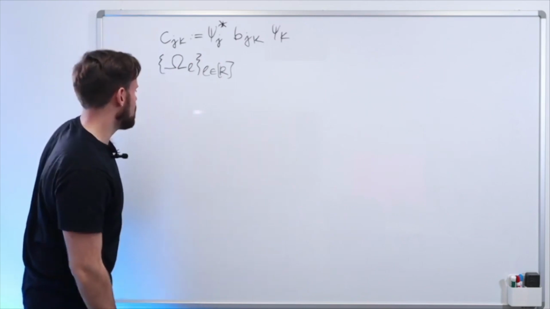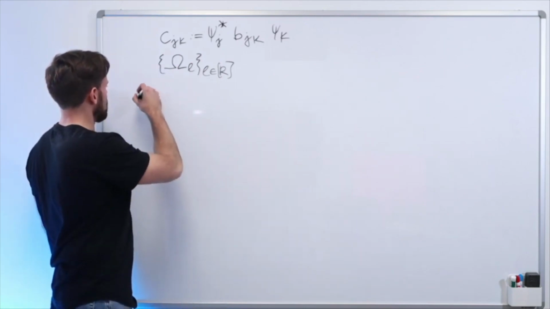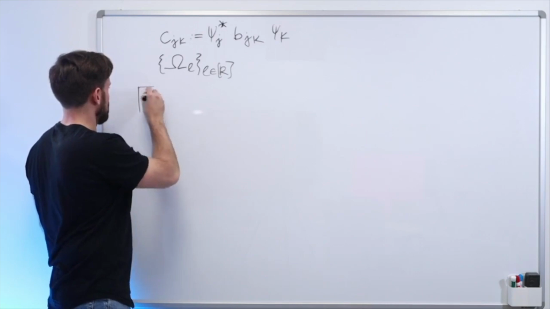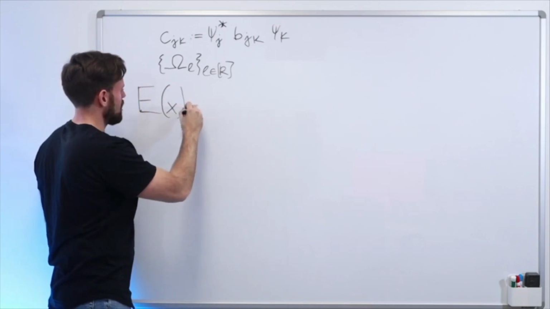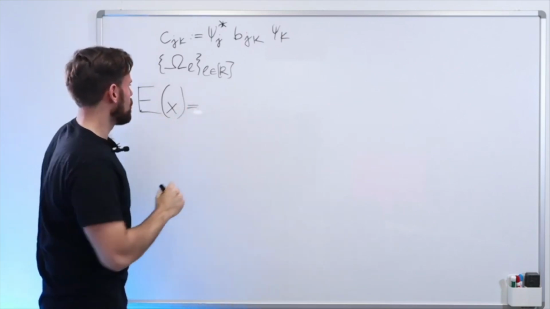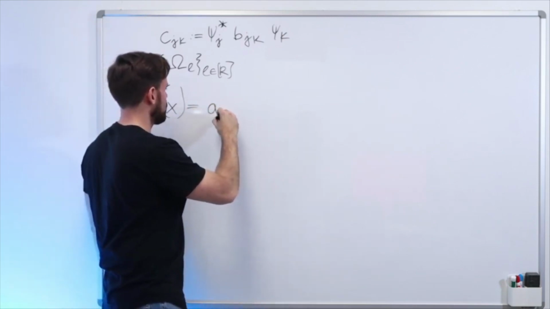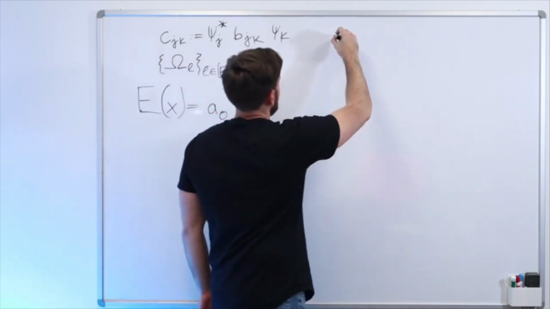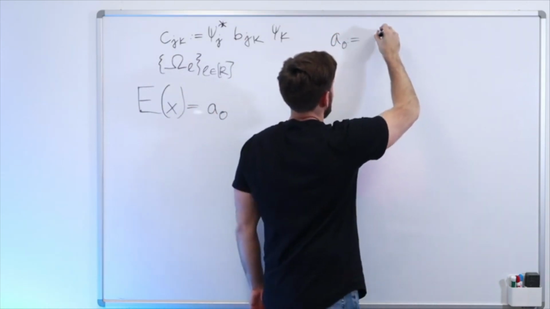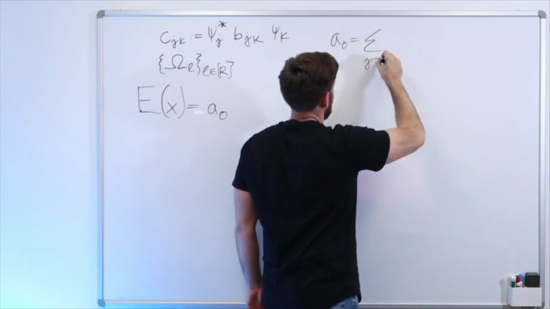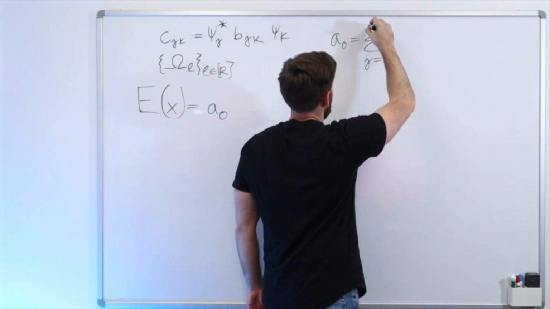If we assume these, what we can then do is rewrite the expectation value that we previously had such that it is going to be equal to some A0, where let's write A0 as the term that we had for the J equals K elements.